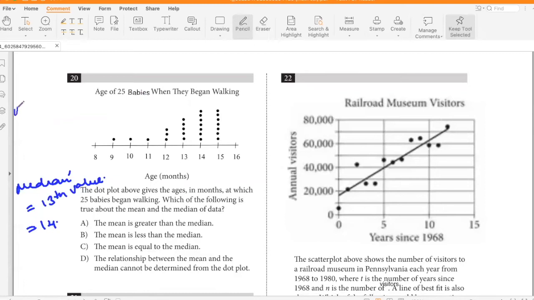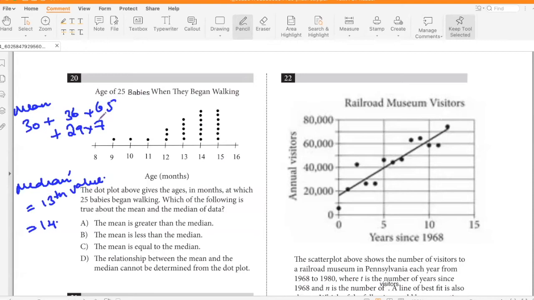Let's find the mean. So 9 plus 10, 19 plus 11 is 30, plus 12 into 3, 36. 13 into 5, 65, plus 14 into 7 and 15 into 7. So 29 into 7. So let's add them up.